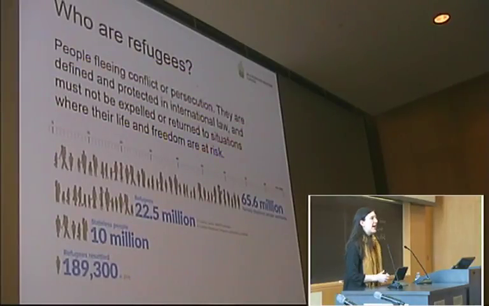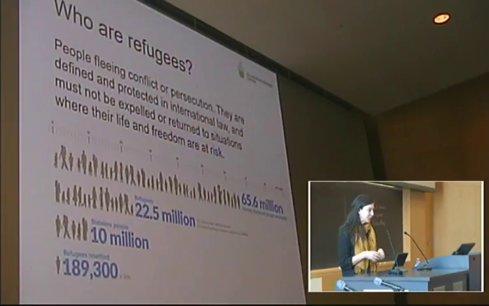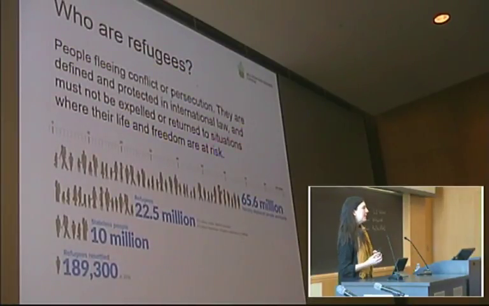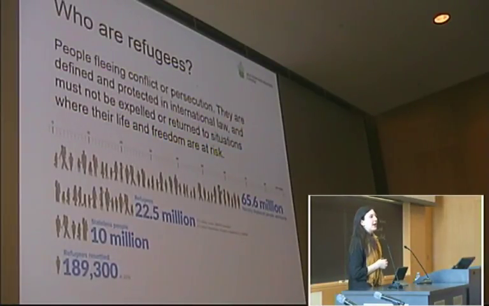So I learned that at this moment in history, there are more refugees than there have ever been. There are about 65 million displaced people, so people that have left their homes or left their countries because of war, because of persecution.